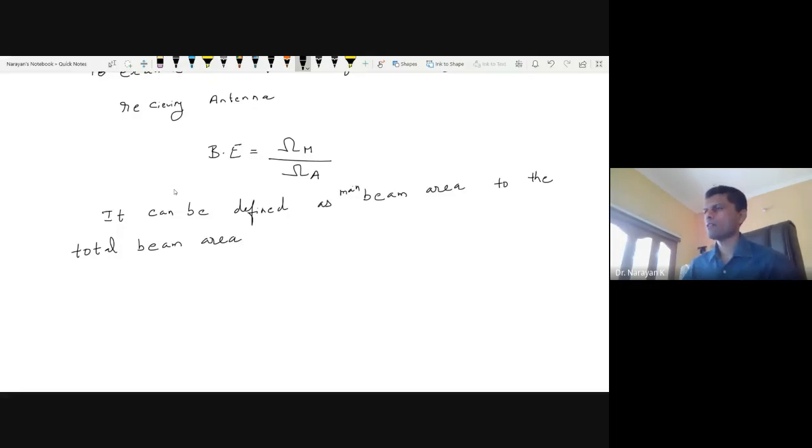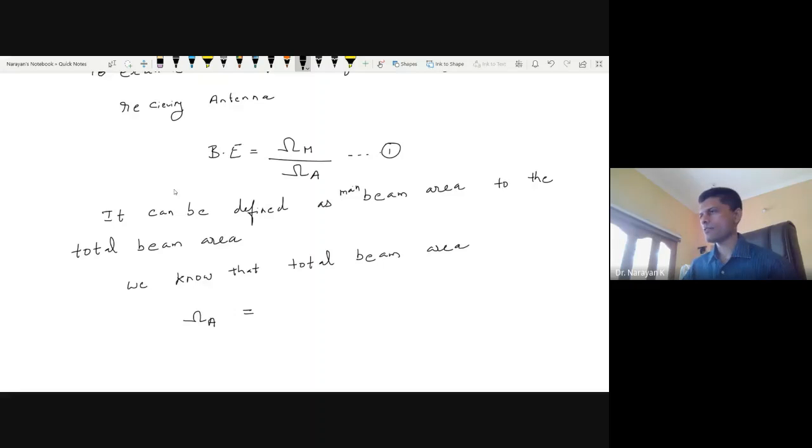Okay, next, if I call this equation 1, we know that the total beam area omega A is nothing but your major lobe area plus the minor lobe area. Please follow along with me. If you follow the class, it will be very easy to clear the examination.